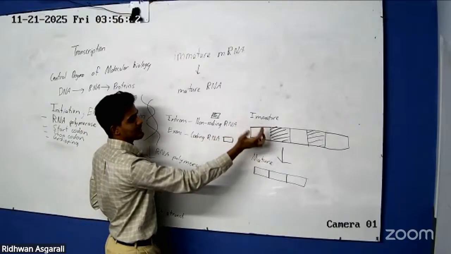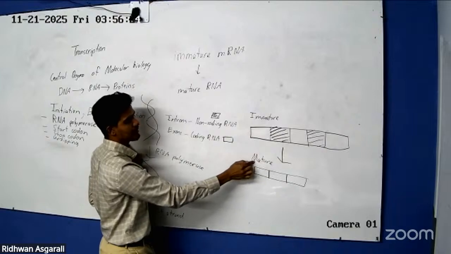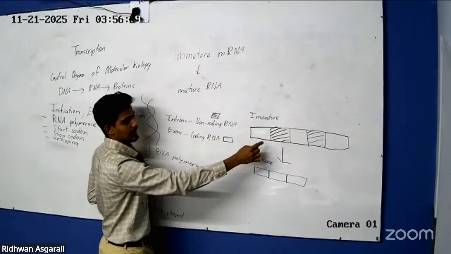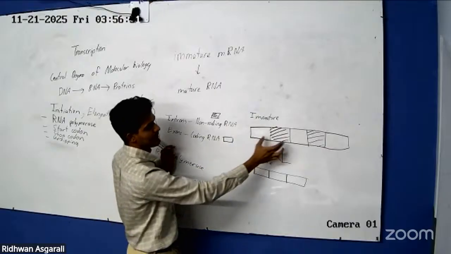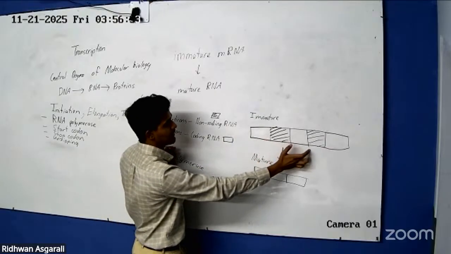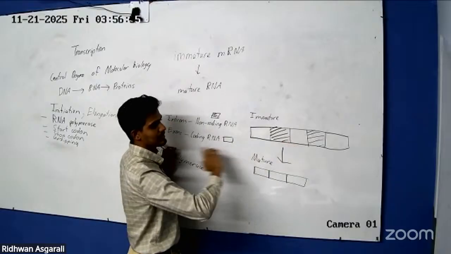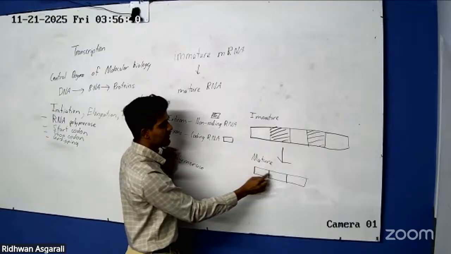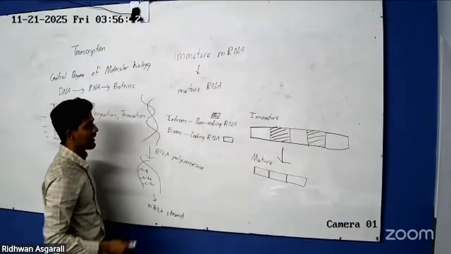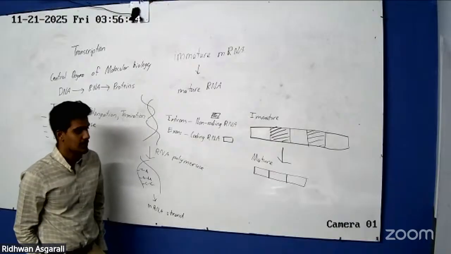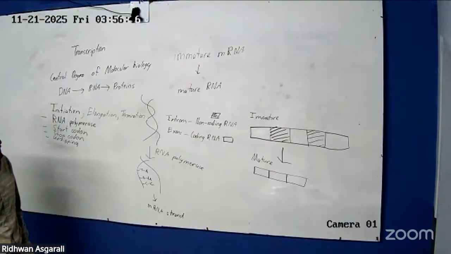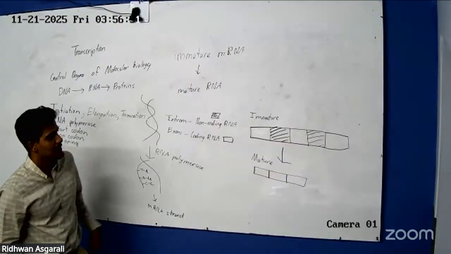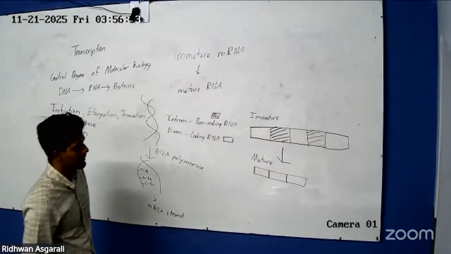In order to get mature RNA strands, you need to cut out these introns. So these introns are cut out, sent away, and you have mature mRNA, which only contains the exons. All you're doing as the modification is removing the introns, or the shaded part of the RNA.